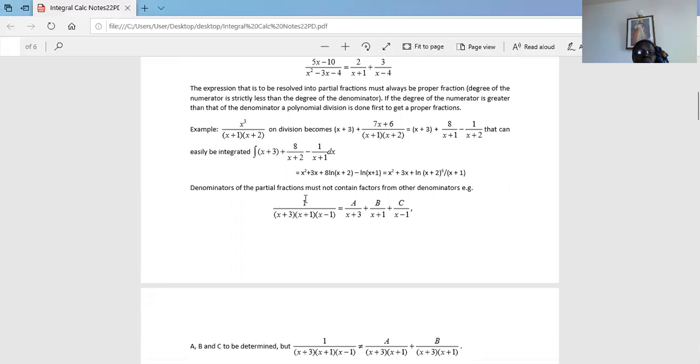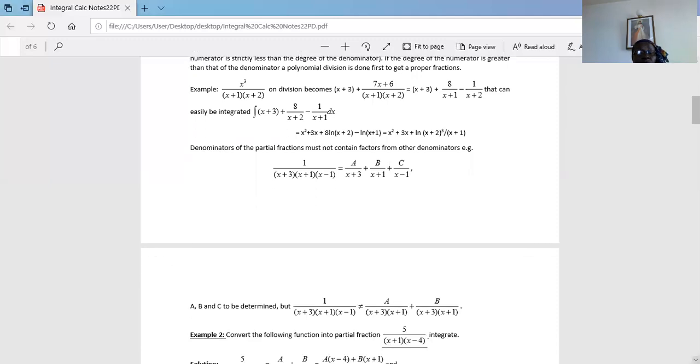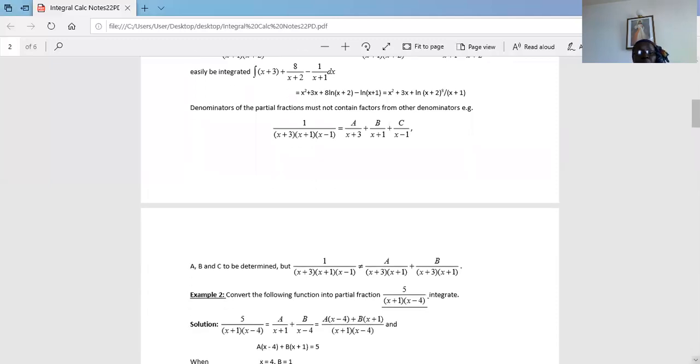So in case we have 1 over x plus 3 into x plus 1 into x minus 1, in partial fractions, a over x plus 3 plus b over x plus 1 plus c over x minus 1. Of course, we work out the values of a, b, and c. But we don't write the partial fractions in the form given below.